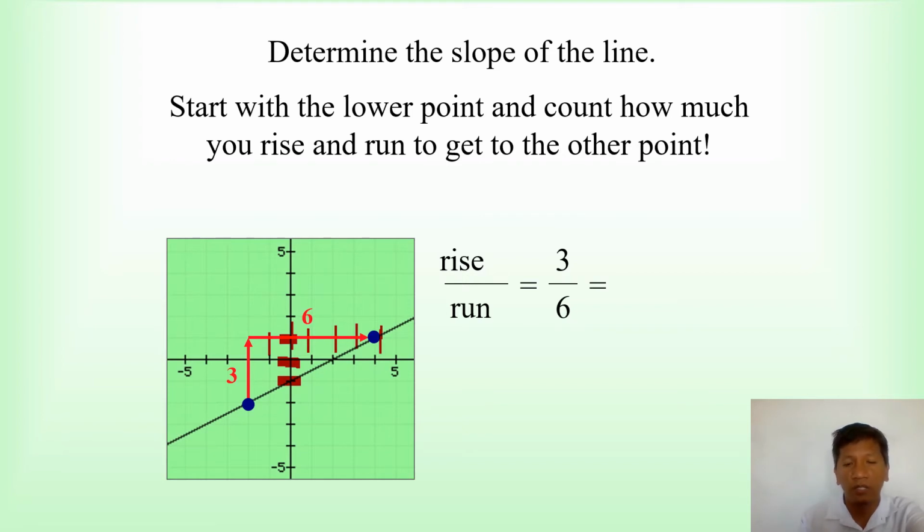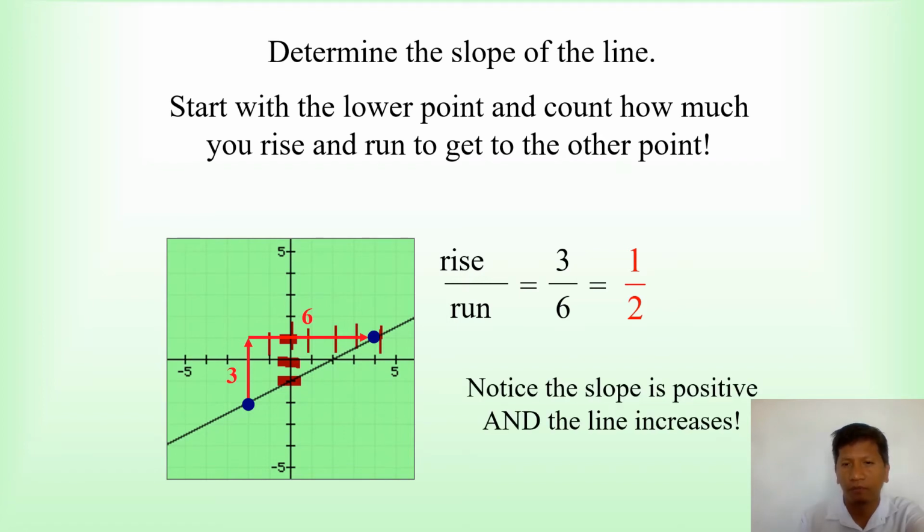Simplifying 3 over 6 or the rise over run, the answer is 1/2. Did you get it? And what's this 1/2? This is the slope of the line. Notice that the slope is positive. Do you remember what I said earlier?